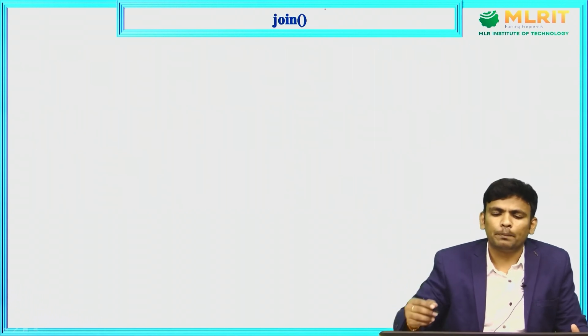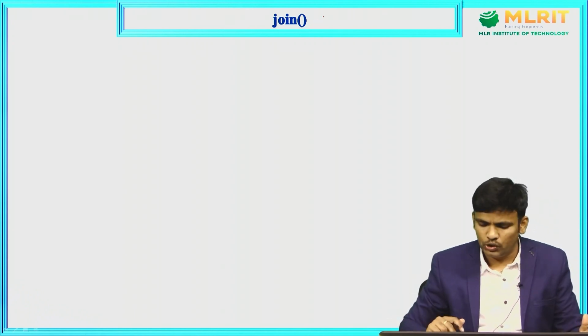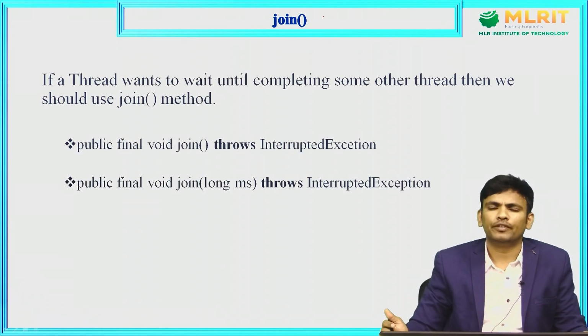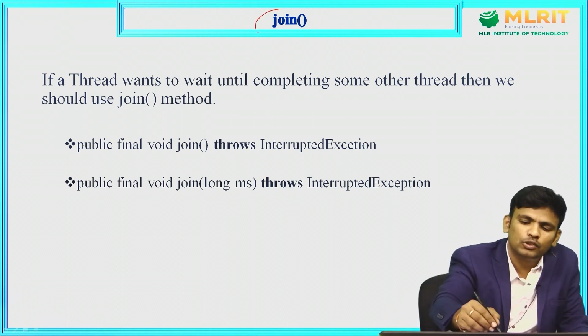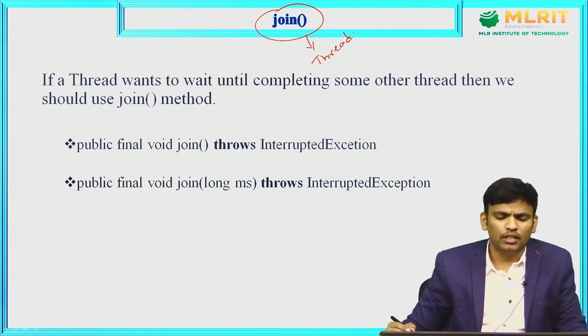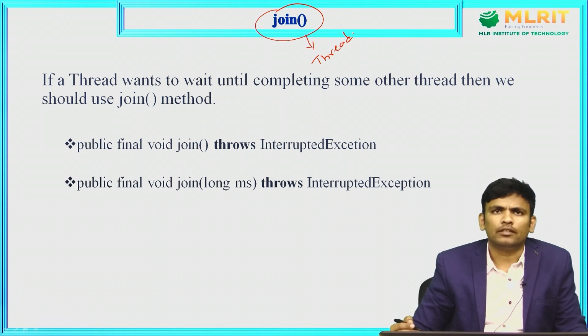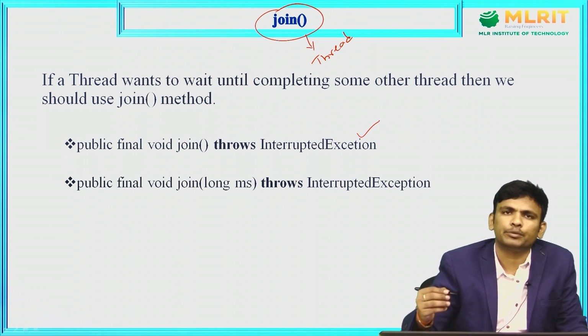One more predefined method in the Thread class is the join method, which is defined inside the Thread class. To work with the join method, we need to handle the InterruptedException.